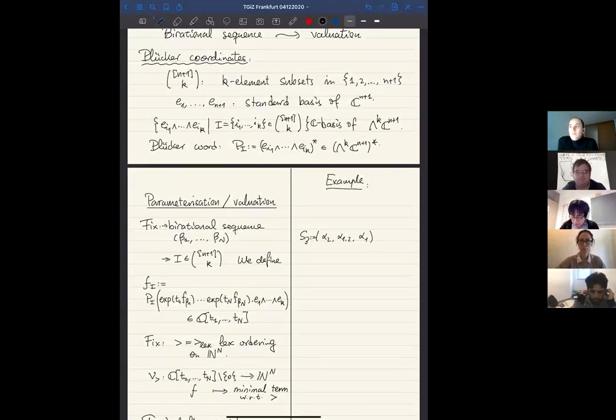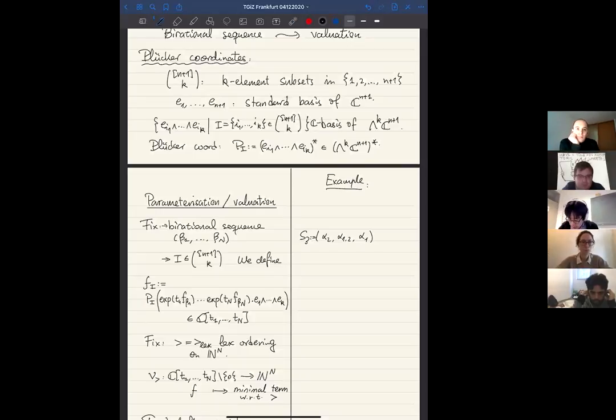And now I fix some I. It's a Plücker index, because I want to parameterize the Plücker coordinates. And I will define F_I, a polynomial defined in this way. I think this is not very familiar to you, so I will do one example so it becomes clear after you see the example.